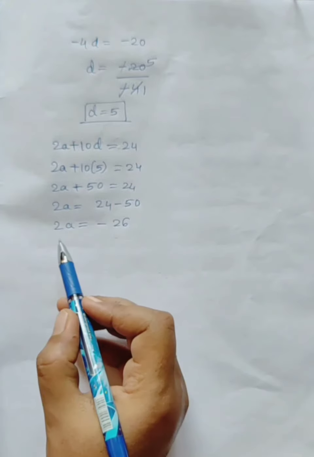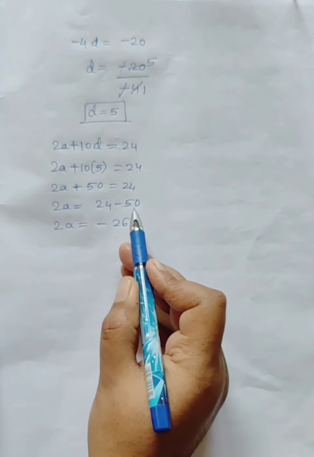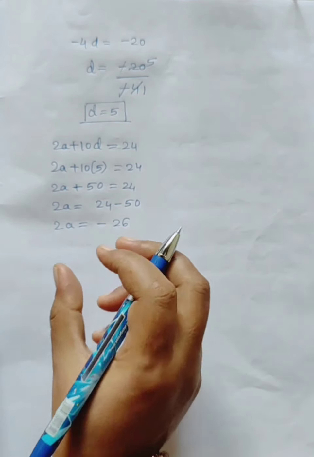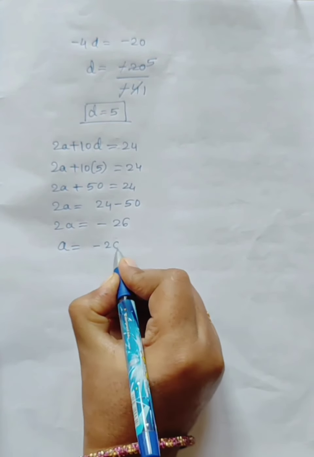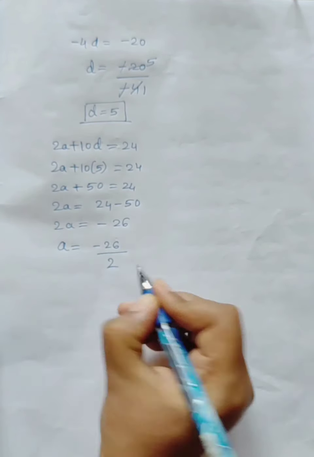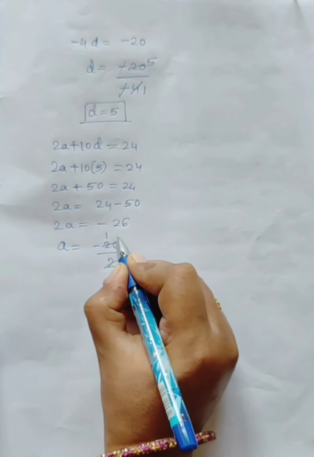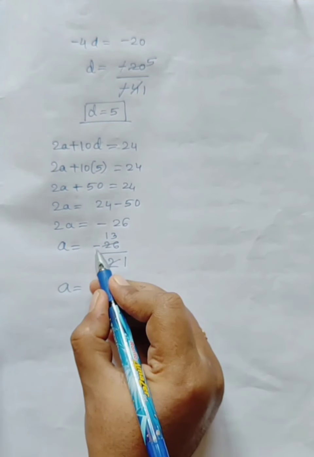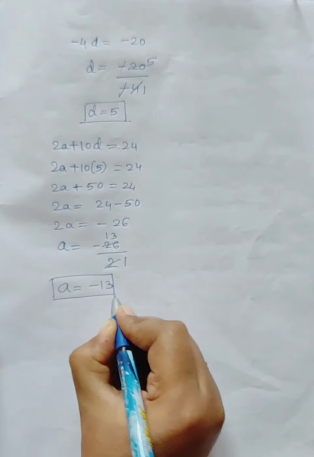Why minus? Because 50 is greater than 24 and the sign of 50 is negative, so minus 26. Now I want to find the value of a, so a I am keeping as it is, minus 26 by this 2 goes in the denominator. 2 ones are 2, 2 3s are 6. So what is the value of a? Here it is minus, so minus 13. It is our first term.